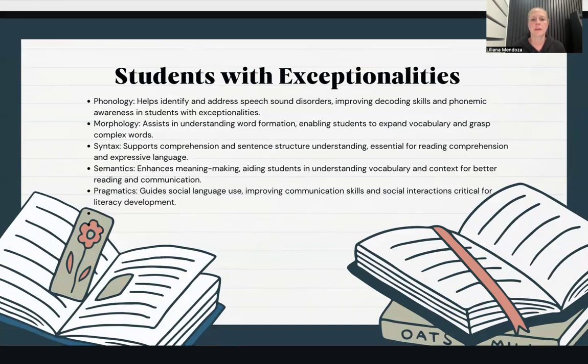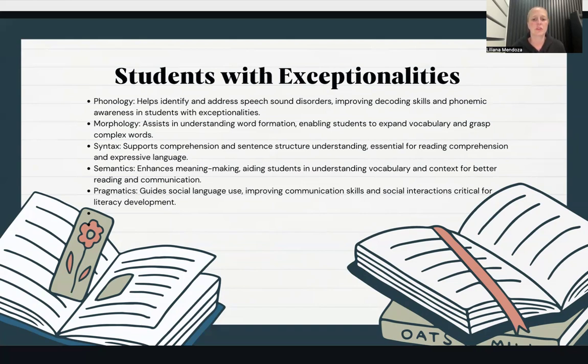Understanding these components is essential to assisting students with exceptionalities. So, understanding phonology helps identify and address speech sound disorders, improving decoding skills and phonemic awareness in students with exceptionalities. Morphology assists in understanding word formation, enabling students to expand vocabulary and grasp complex words.